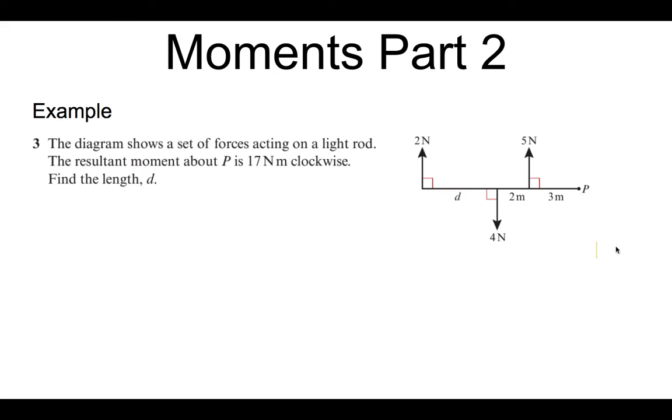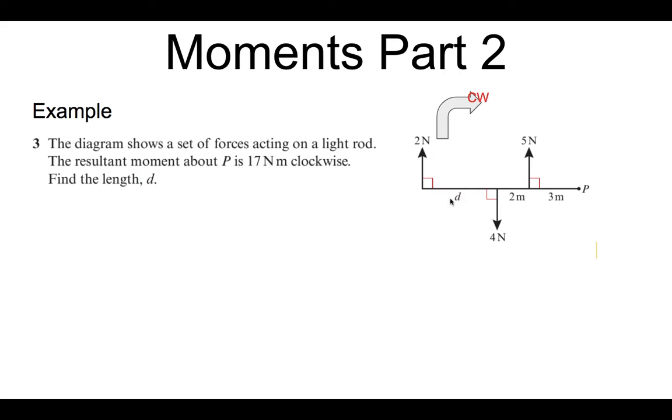So if P is here, if this force was to act on it, P would lift this rod up in the clockwise direction. So that 2 Newton force is a clockwise direction.